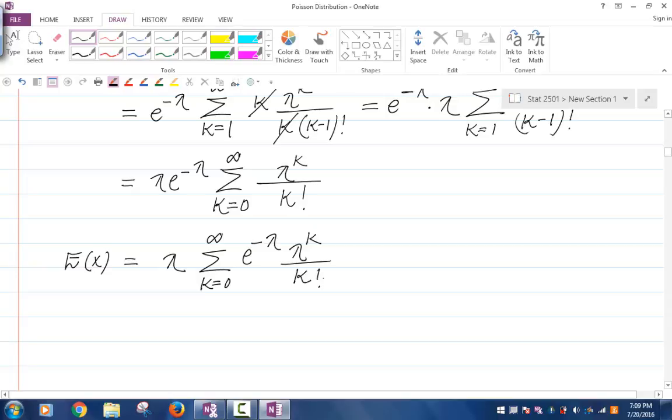The e to the minus lambda that I had outside the sum, I transferred into the sum.